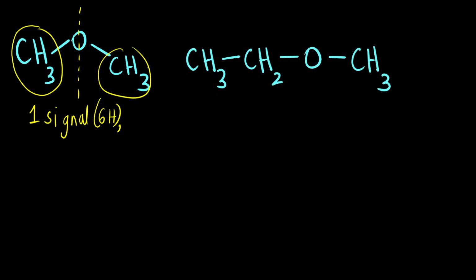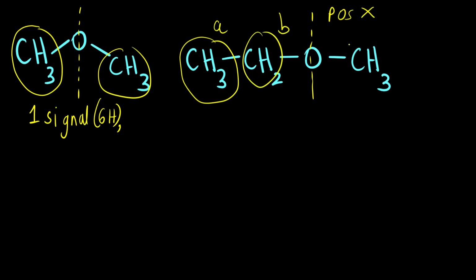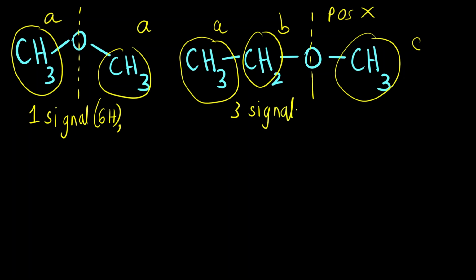Okay, next one. Here, is there any plane of symmetry present? If I draw this, is there a plane of symmetry present? The answer is no. So all 3 are different groups of protons. So this will be, let's say A, this will be B, this will be C. Here both were same, so AA. So here we will see how many signals? 3 signals. Okay, and what will be the integration ratio?